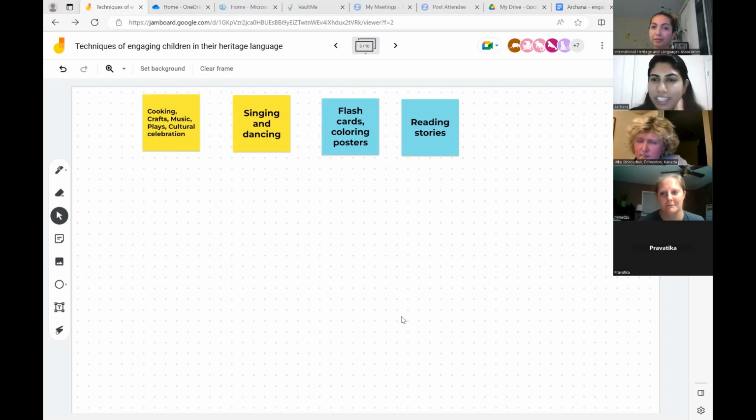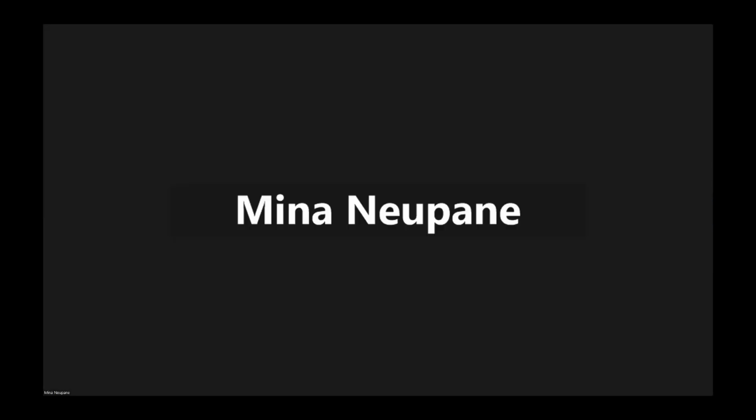Anything else, group 3? I just want to add a little more, I'm also in group 3. We talked about a lot of things, and I just focused on cultural celebration, because especially at Gurukul Nepali Pathshala, we teach our students through culture.